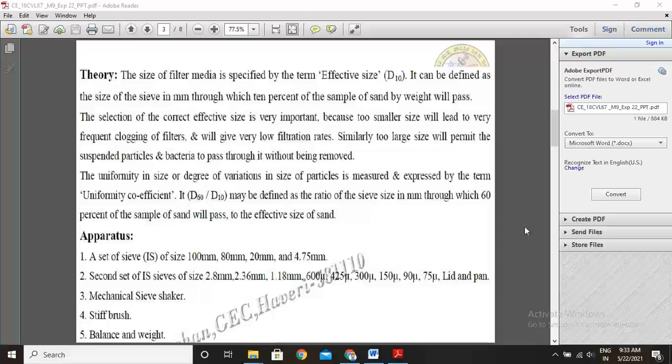Apparatus. Which apparatus are required here? First, a set of IS sieves of size 100 mm, 80 mm, 20 mm and 4.75 mm.